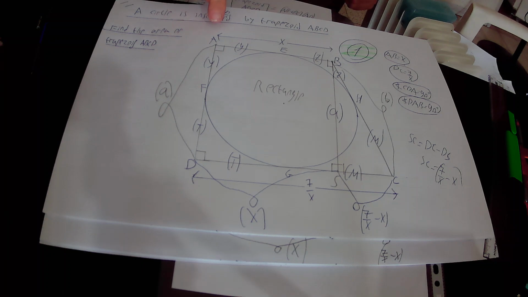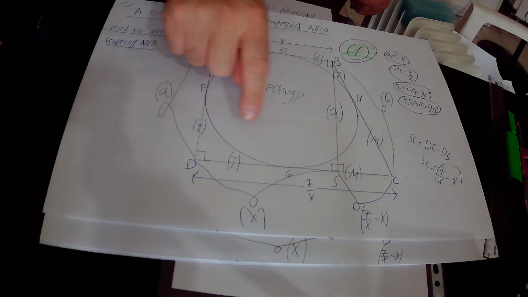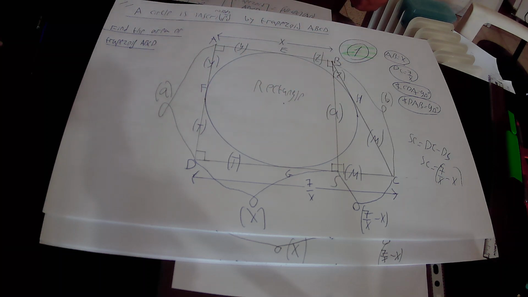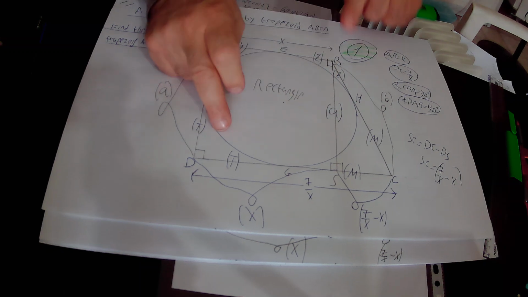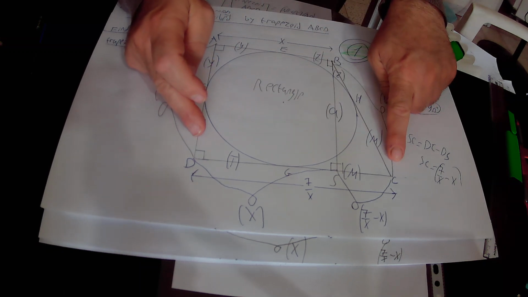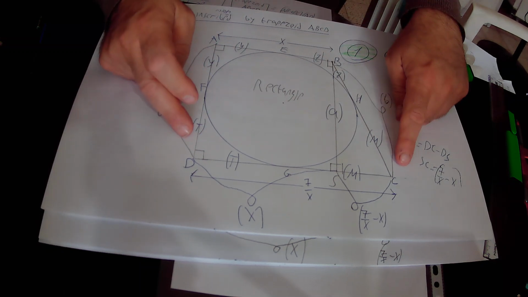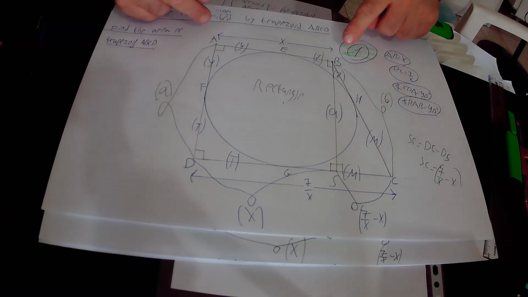Here we know that in the rectangle ABDS, side AB is parallel to the opposite side DS. It is true in any rectangle. The opposite sides are parallel to each other. AB is parallel to DS, but DS is part of the straight line DC. Therefore, the straight line DC itself must also be parallel to AB.